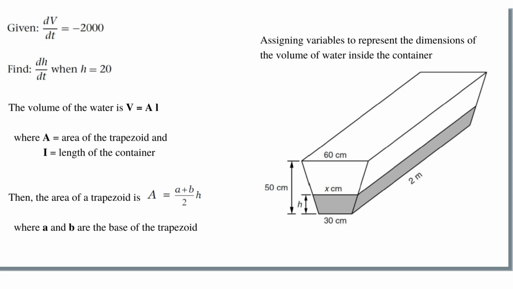To complete the volume equation of the water inside the container, for the trapezoidal cross-section, I make use of x for the upper base and 30 centimeters for the bottom base, since whatever level the water is, the bottom of the container would remain 30 centimeters, just like the 2 meters length of the container. So this makes 30 centimeters and 2 meters constants in the problem.